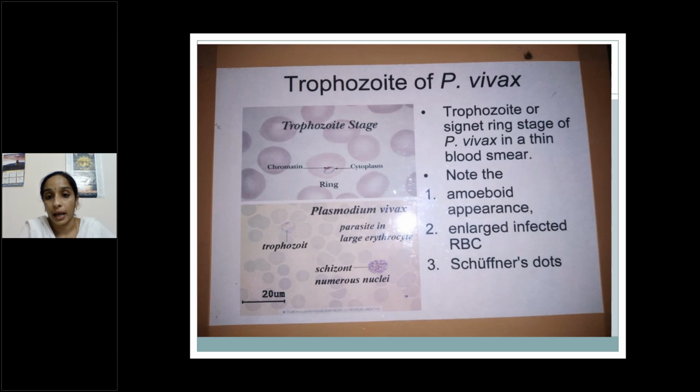Number one, amoeboid appearance. Second one, enlarged infected RBC. Then third point, Schüffner's dots.